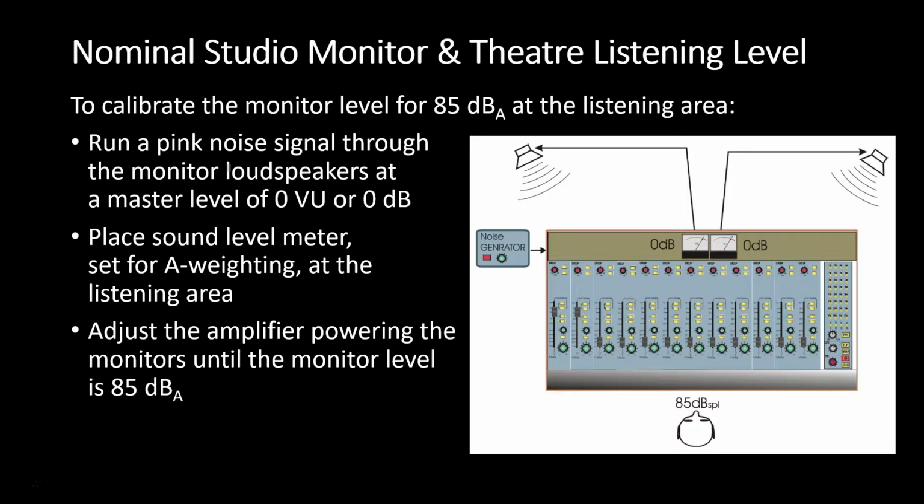You'd place a sound level meter set for A weighting in the listening area, and that would be where the guy's head is at the bottom of the slide there. And then you would adjust the power amplifier so the 0 dB on the recording console is registered at 85 dB SPL at A weighting at the listener's ears.